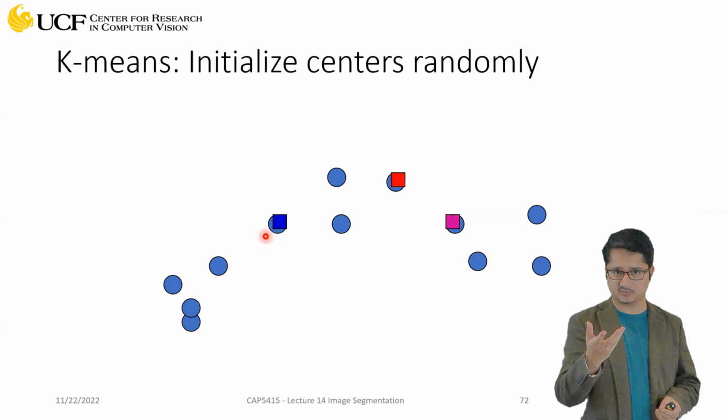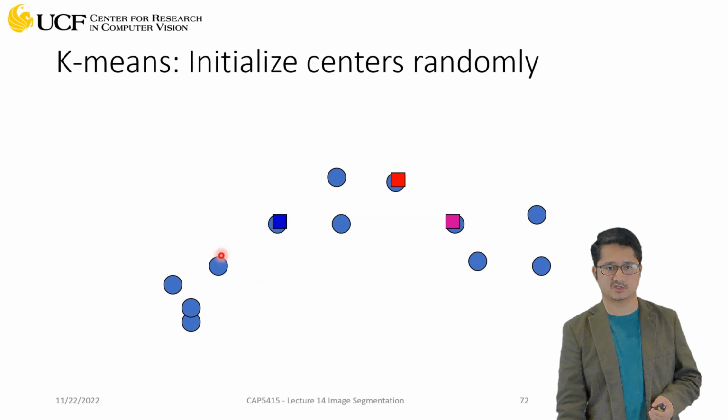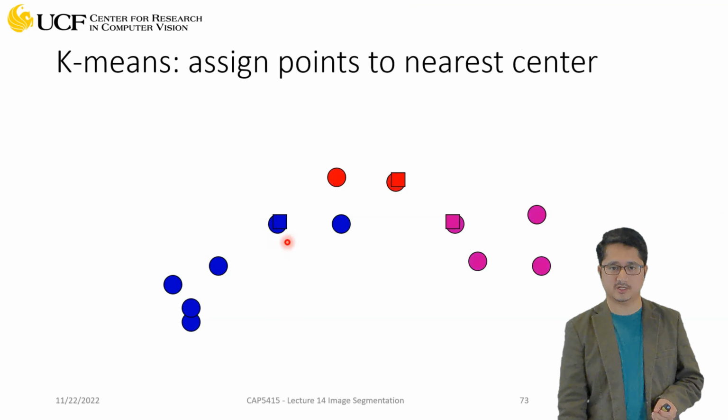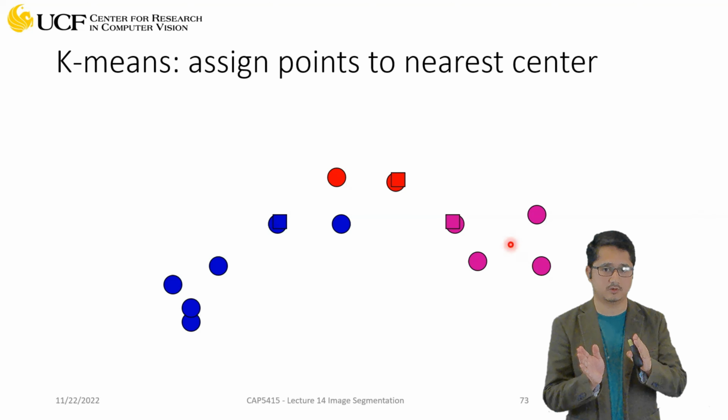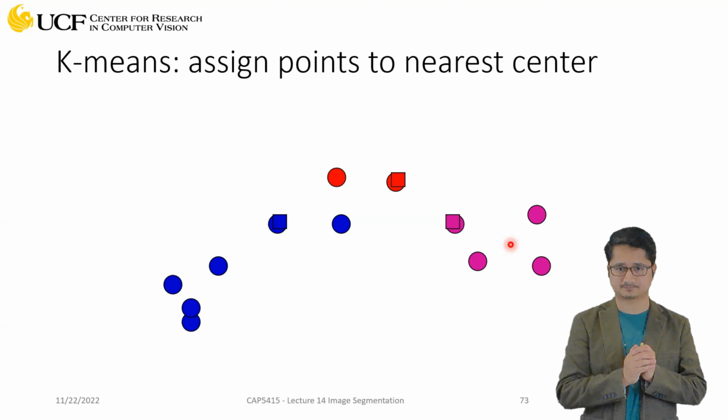Since this is Euclidean space, we can just use the distance from the point to the center. If you do that, all the points which are closer to this blue square will be blue. These 2 points were closer to the red one, so they are marked as red. And all these 4 were closer to the pink one, so they are marked as pink. That's one step of the k-means clustering algorithm.